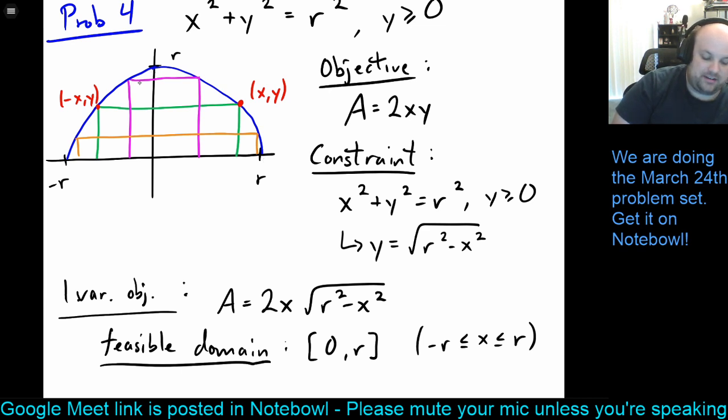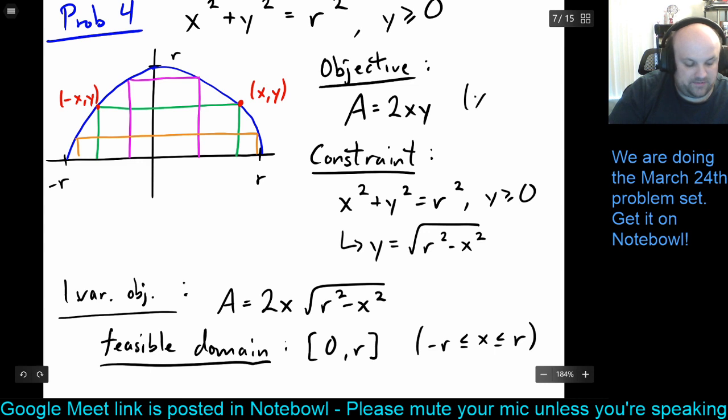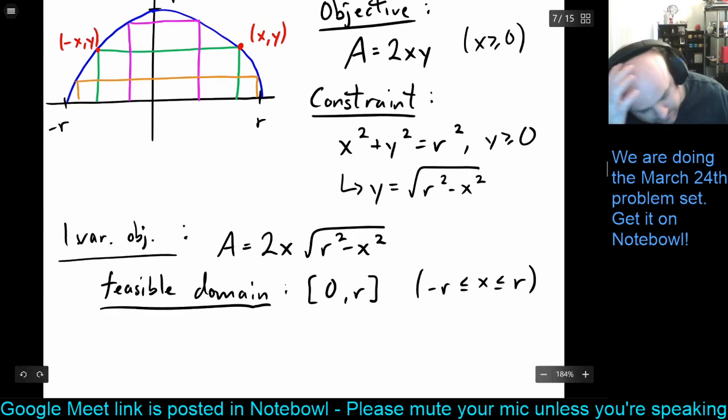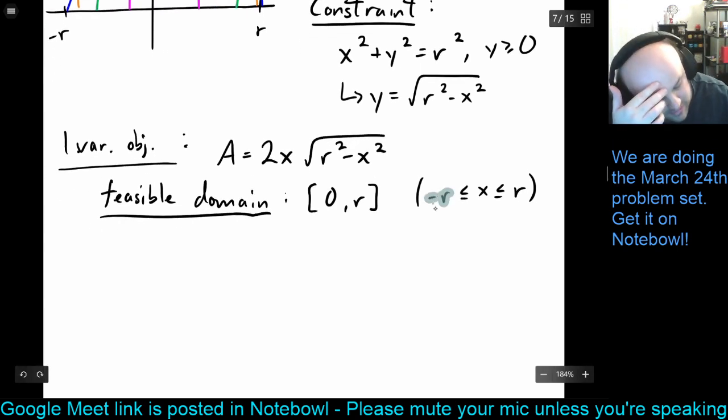This side is counted by duplicating this one. So x should be positive as well. We're choosing this (x, y) based off this, and whatever we choose for x gives us the negative x over here. That just makes life a bit easier for us.